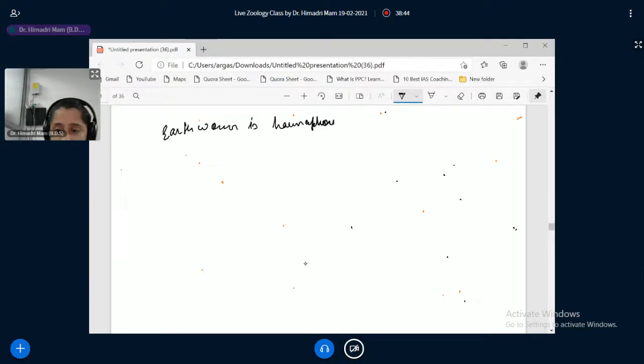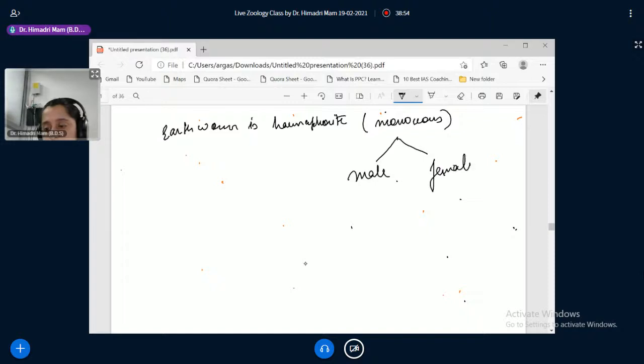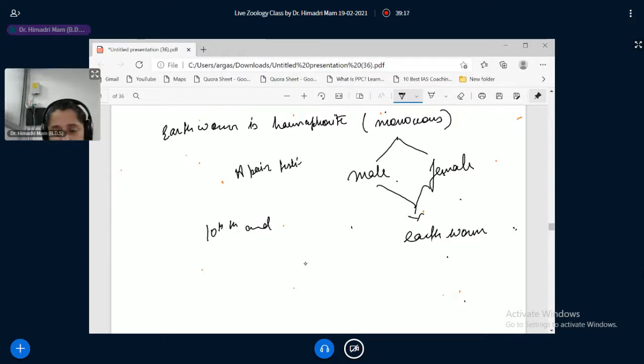Hermaphrodite, that is monoecious, that means male and female is in one. Right. Now their testes are present as a pair on the 10th and 11th segments.